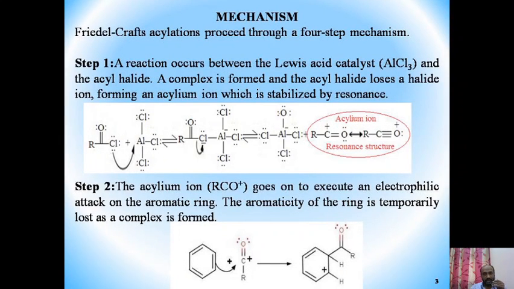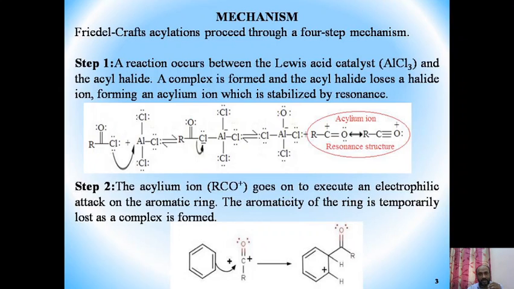In the first step, the acyl halide first reacts with AlCl3, so that Cl donates one pair of electrons to the Al to form one bond. So you will get an intermediate compound where that Cl becomes negatively charged.